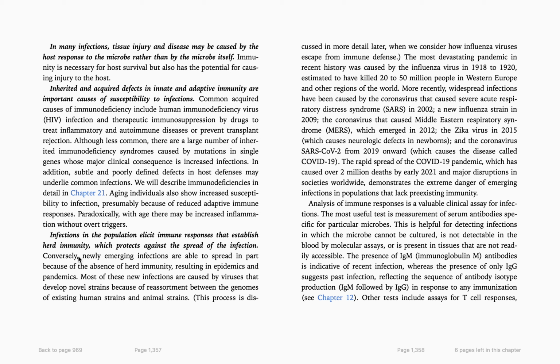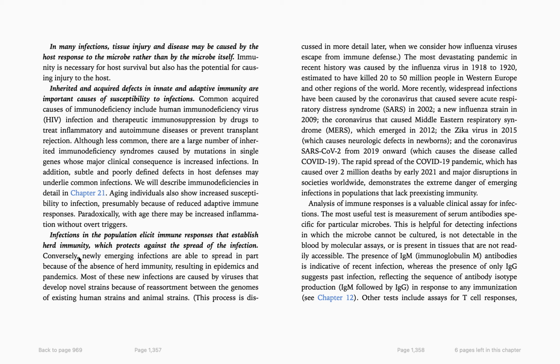Inherited and acquired defects in innate and adaptive immunity are important causes of susceptibility to infection. Commonly acquired causes of immunodeficiency include human immunodeficiency virus infection and therapeutic immunosuppression by drugs to treat inflammatory or autoimmune disease or to prevent transplant rejection.